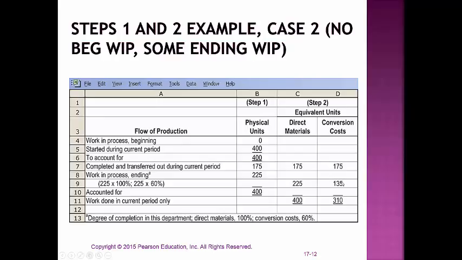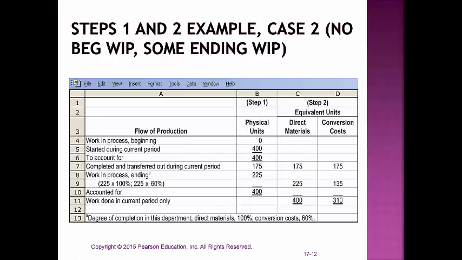And now we need to tally up our equivalent units as to direct materials and as to conversion cost. These are the numbers that we're going to use in the future steps to get a cost per equivalent unit.